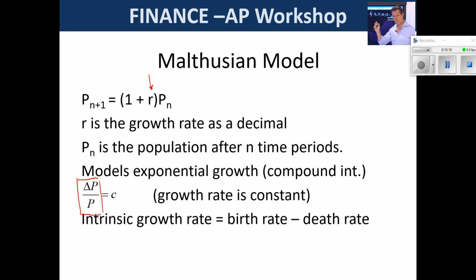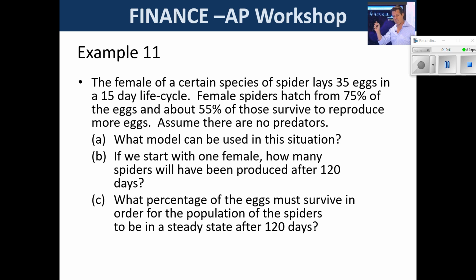And then the other thing is we're going to talk about the intrinsic growth rate. Well, the growth rate is the difference between the birth rate and the death rate. So generally speaking, after each population cycle, a certain amount of the population will die, a certain amount of population will be born. The difference between that is the growth rate, which is how the population will continue to increase.